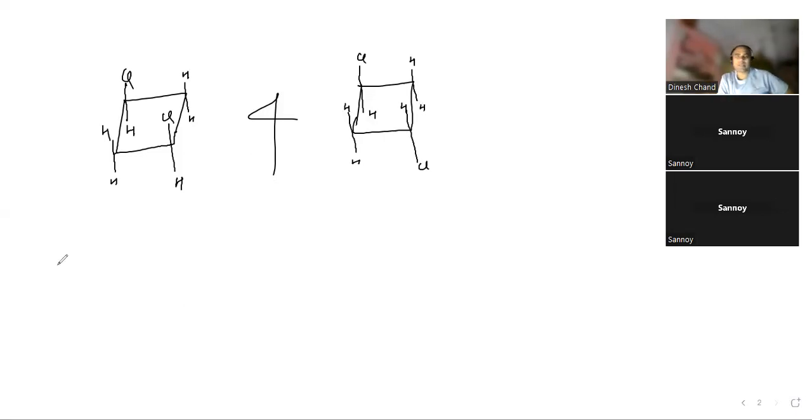Sir, the first one is cis, second one is trans. In the first, both the similar groups, Cl, are above the plane. And here, Cl is above the plane and Cl is below.